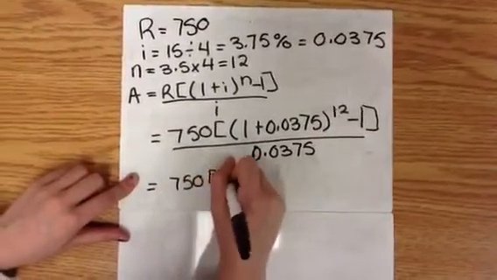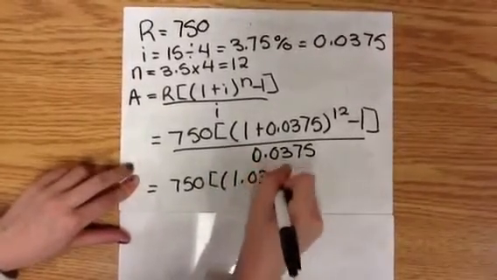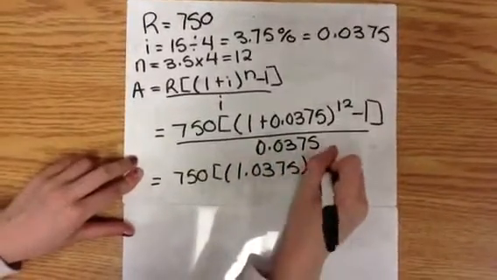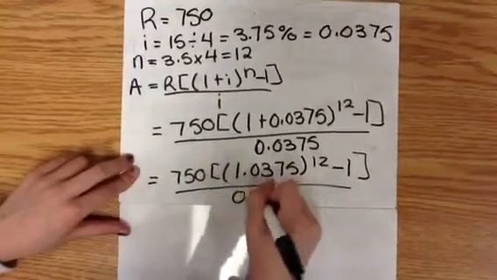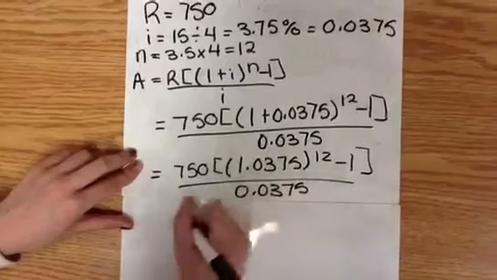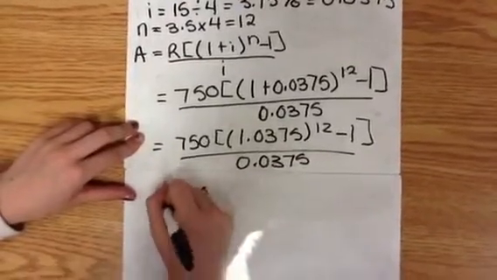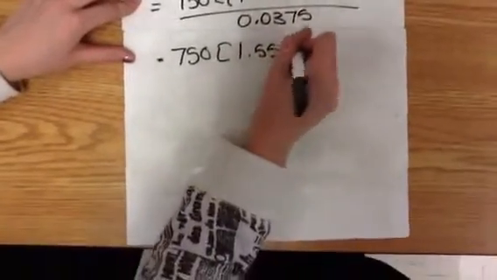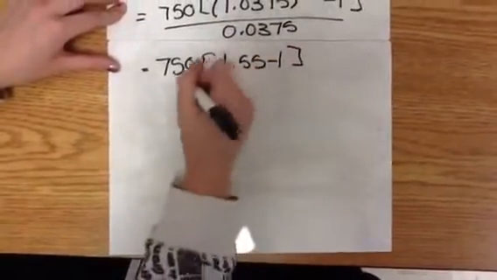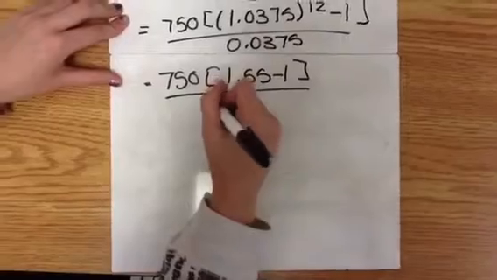And then it would be 750 bracket 1.0375 bracket to the exponent of 12 take away 1 bracket divided by 0.0375. And then 750 bracket 1.55 take away 1 bracket divided by 0.0375.